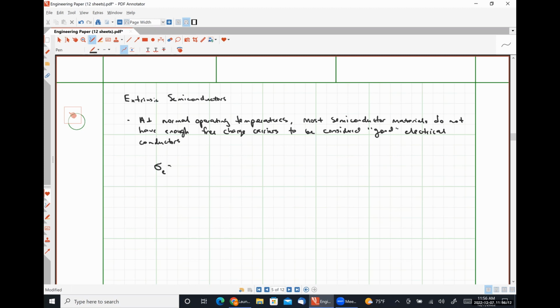So mathematically, our electrical conductivity is given by q, the charge of an electron, times our hole concentration times the mobility of holes, mu P, and then n, our electron concentration, times mu N. Okay.